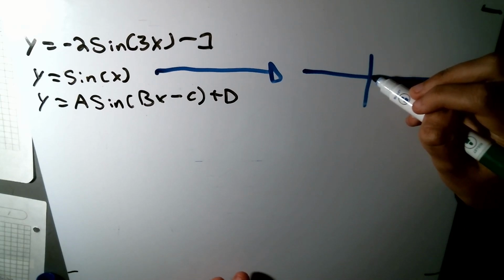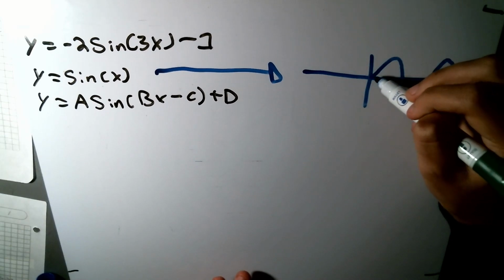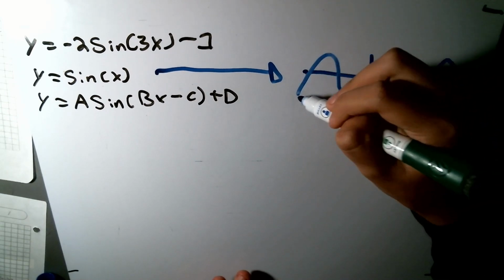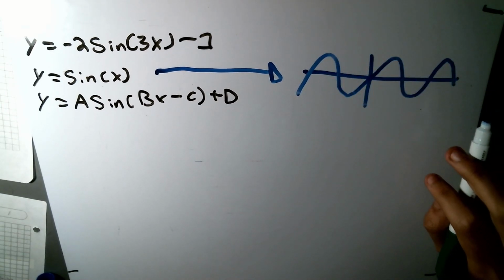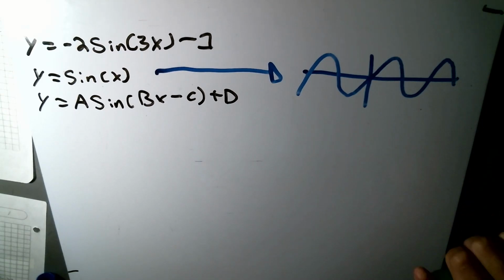It starts in the center and it goes up and down and up and down, and on the other side too. That's a normal sine function without any transformation, without anything changing.